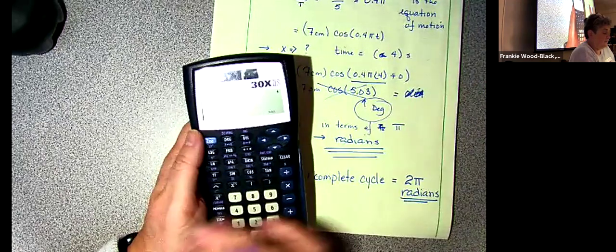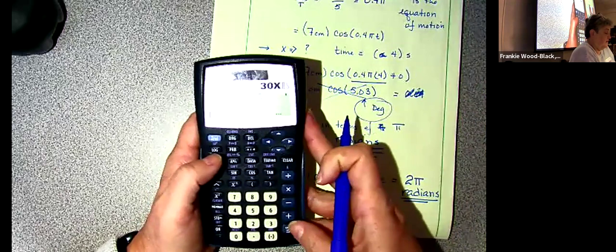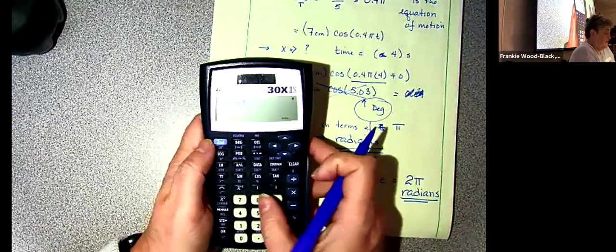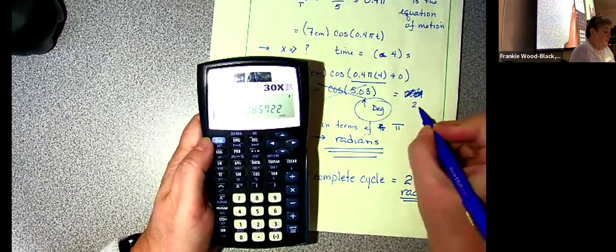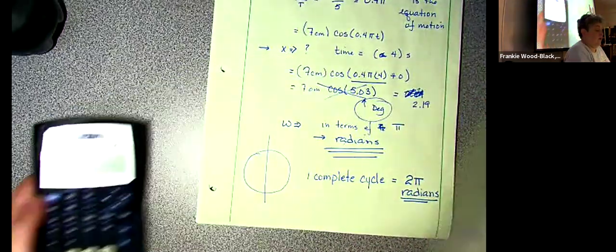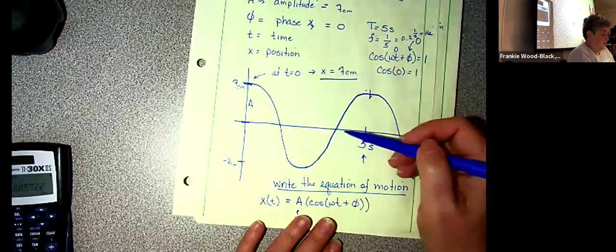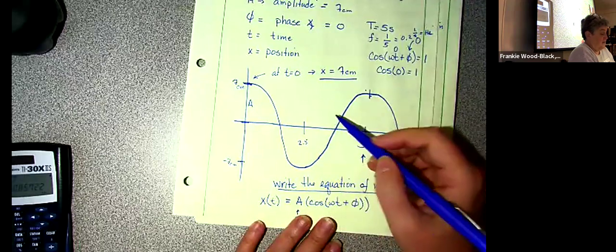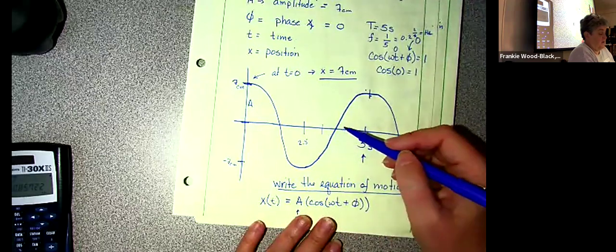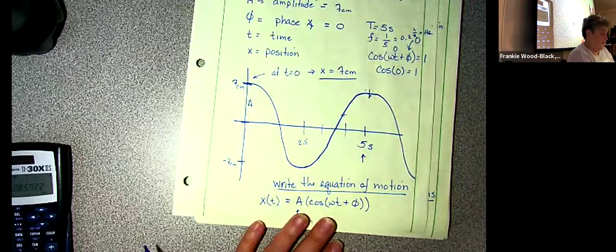Try that again. Cosine 5.03 times 7. I'm going to be at a position of 2.19. If I go over here to my graph and I look at about where 4 is, so this is going to be 2.5. So 3 is about here, 4 is about there. Yeah, that looks about right on my graph.